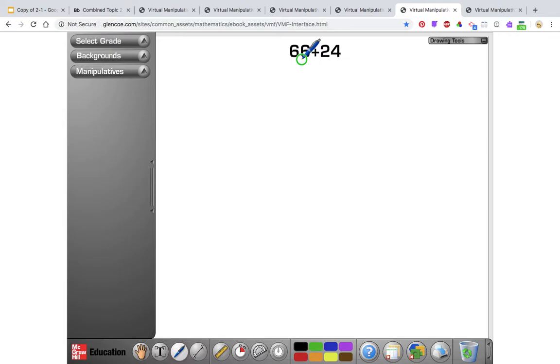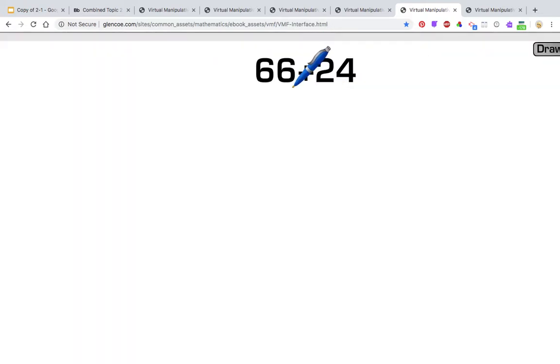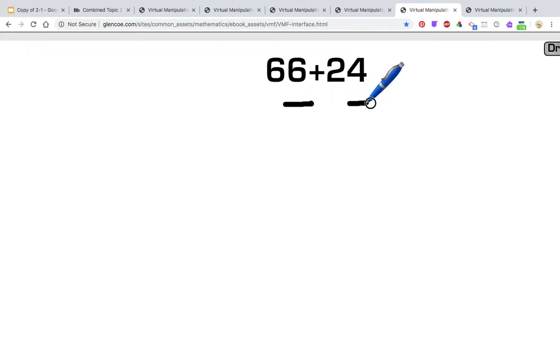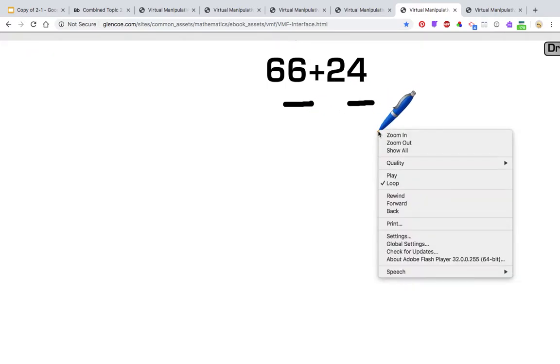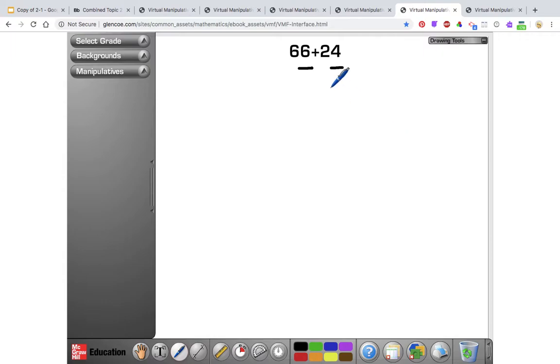So I know already that 6 and 4 go together to make 10. So if I want to borrow, there we go, zoom back out. If I want to borrow from one or the other, I can take those ones and I can make a group of 10.